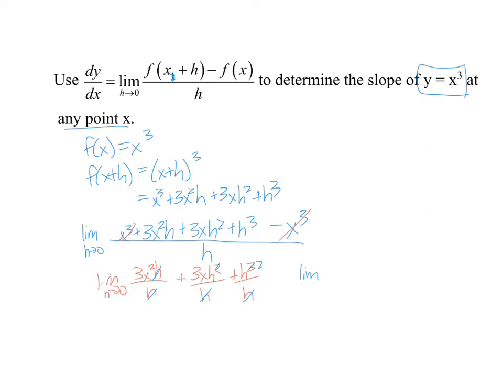We get the limit as h approaches 0 of 3x squared for the first term, 3xh for the second one, and then h squared for the last one. Now when we plug in our 0, 3x squared is good, that one becomes a 0, and so does that one, because the h makes each of those terms 0. So our final answer, our final derivative, is just 3x squared.